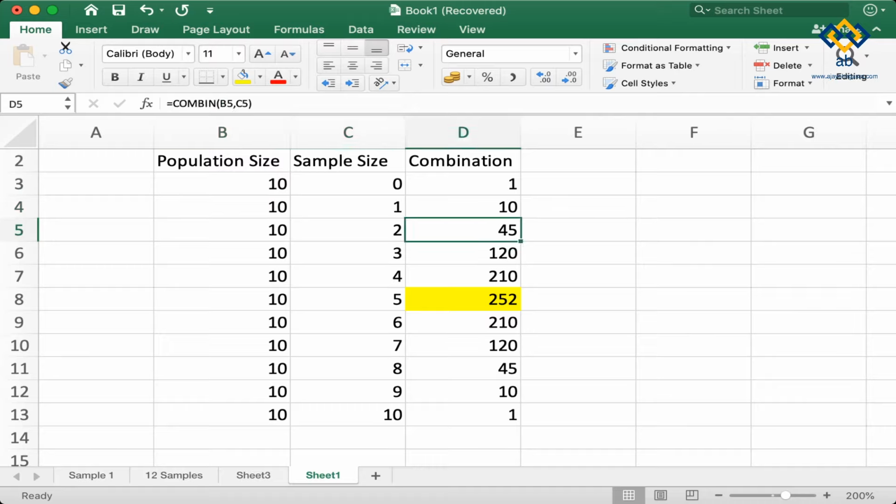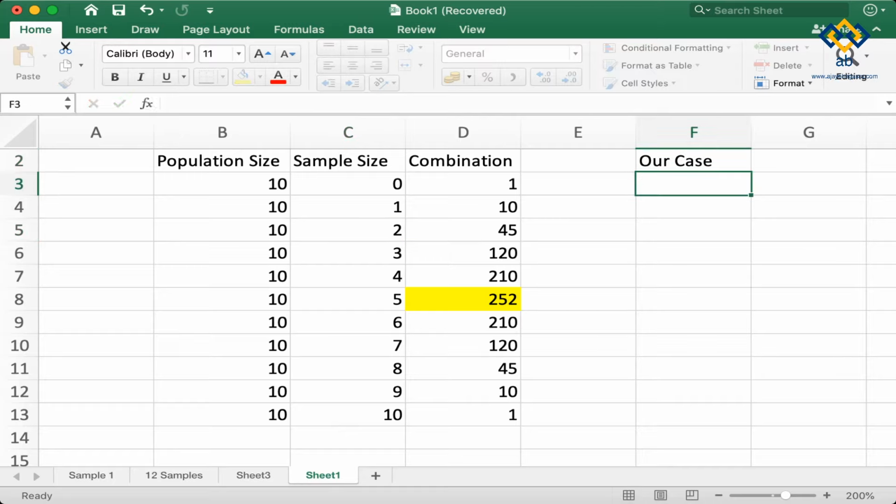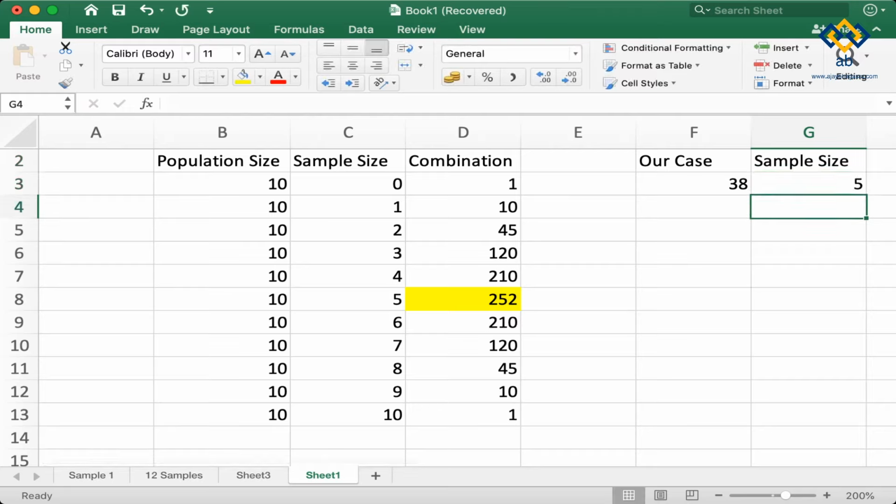Our case is when we have 38 here and 5 here, right? In our case, we have population size as 38 and sample size as 5, right?